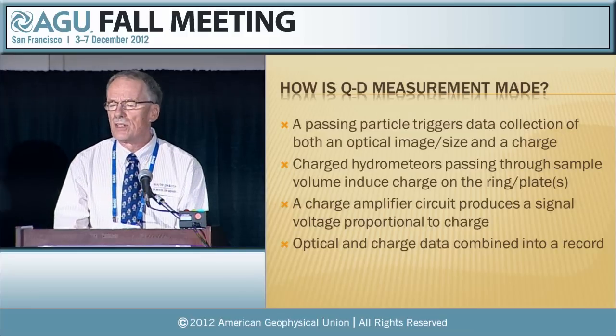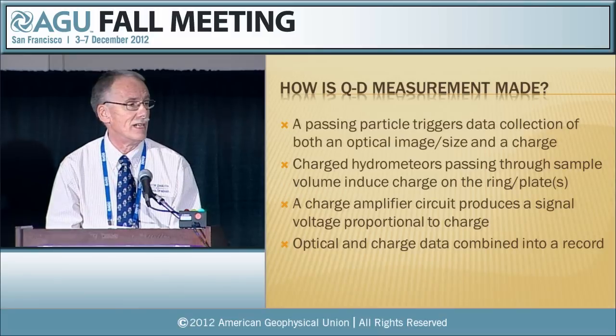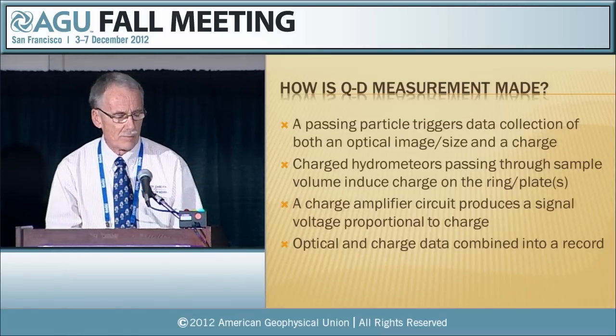One of the issues with this type of measurement is to match up the optical sample volume and the charge sample volume, and the HVPS arrangement achieves a pretty good balance.